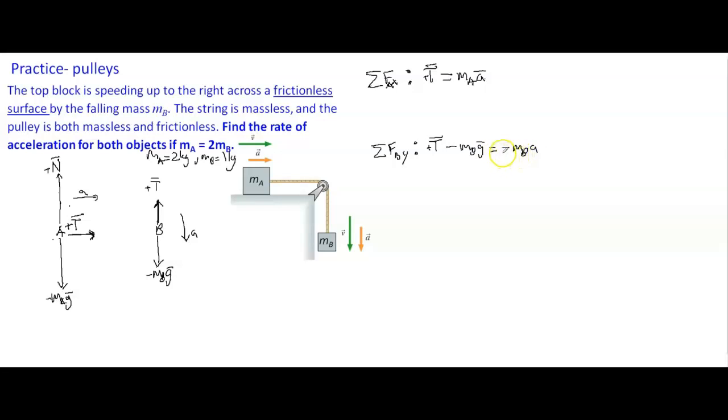Okay? So remember also that mass A is equal to 1 kilogram, and that mass B is equal to 2 kilograms.